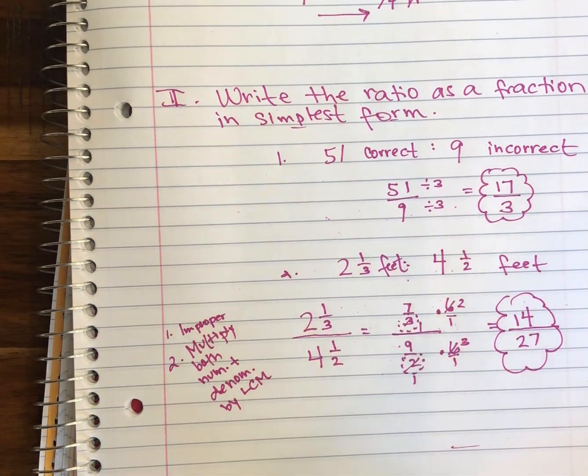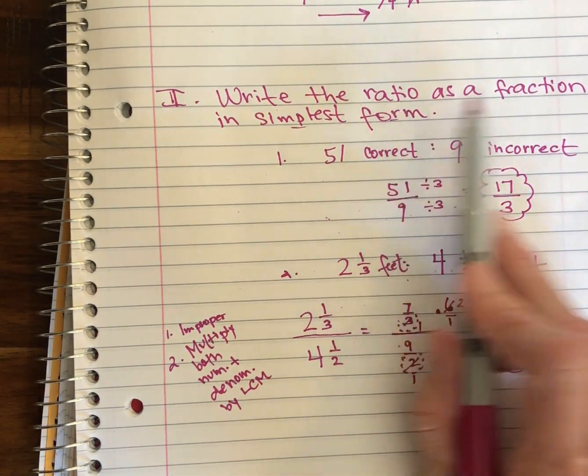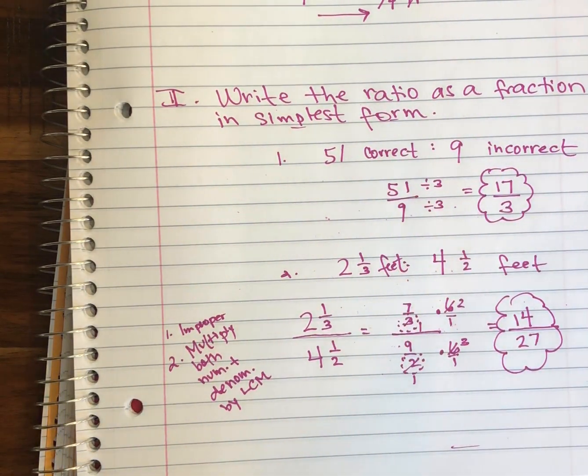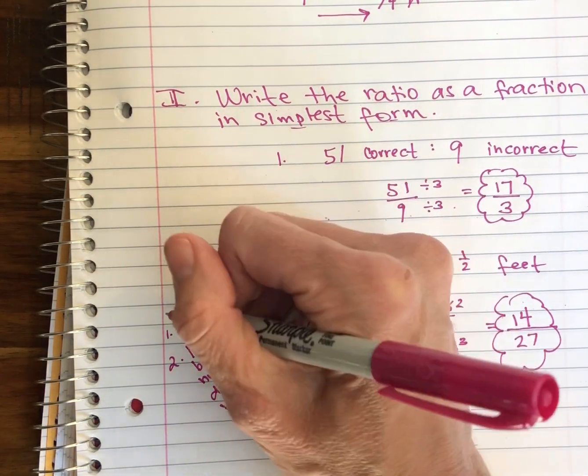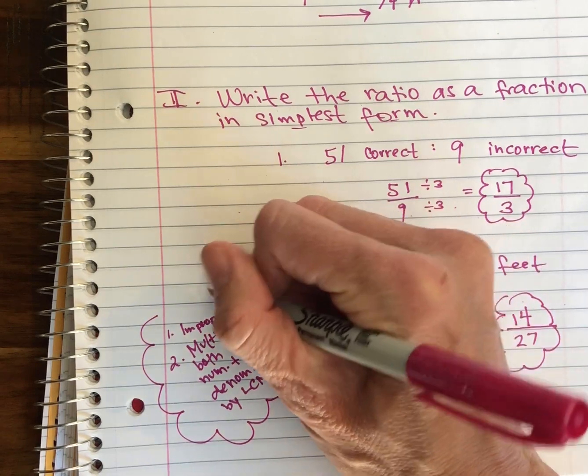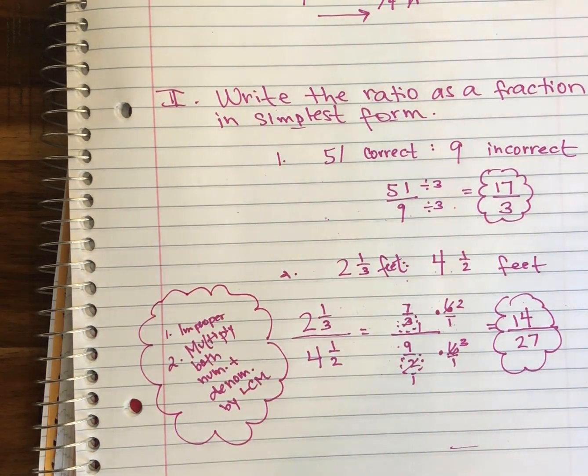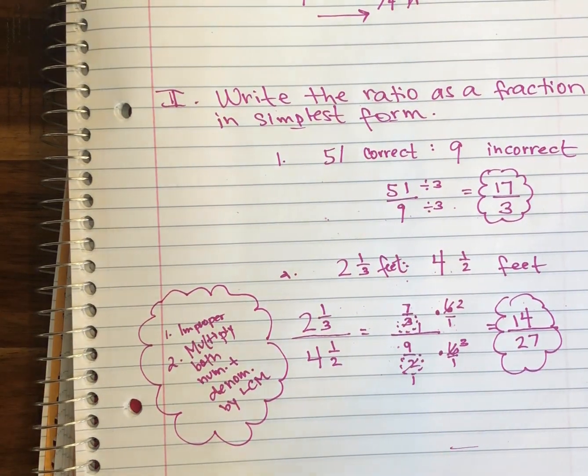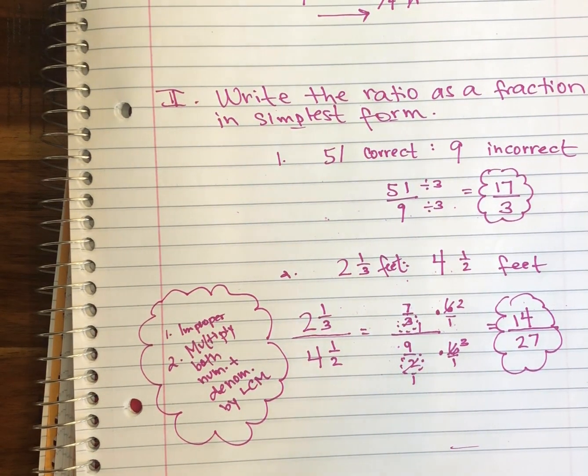So 14 over 27 is my ratio as a fraction in simplest form. You may want to refer back if you get stuck in your classwork on these. Pull up the video, look at these steps or in your notes, because I know you're taking notes, and rewatch to make sure that you've got it.